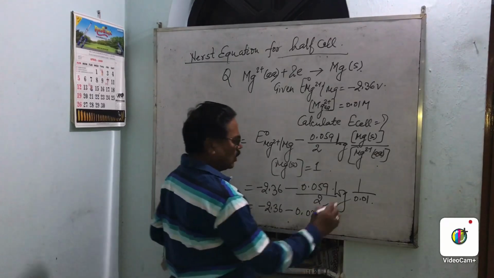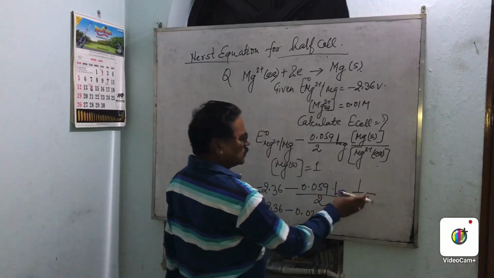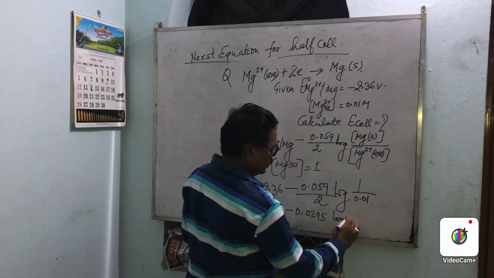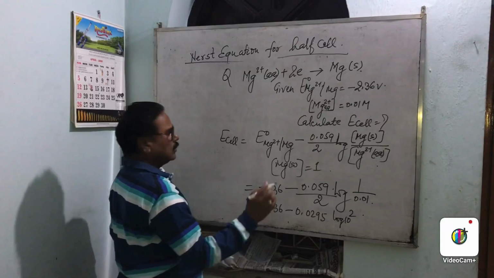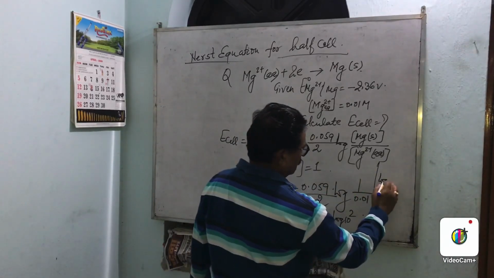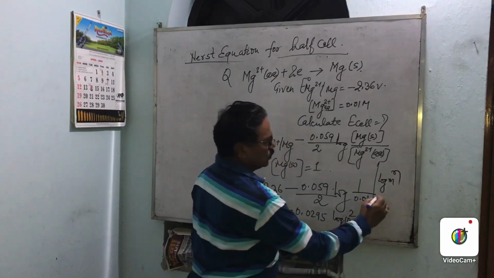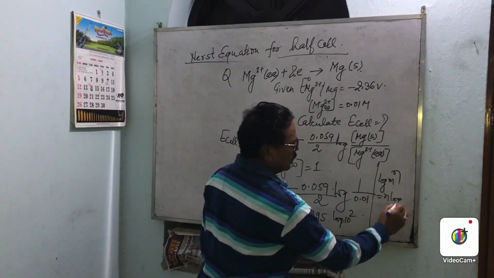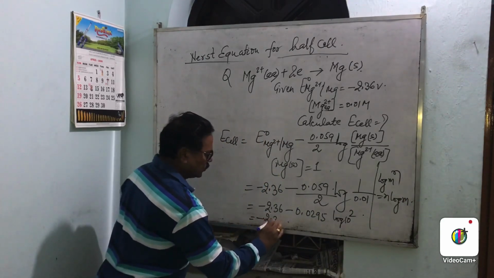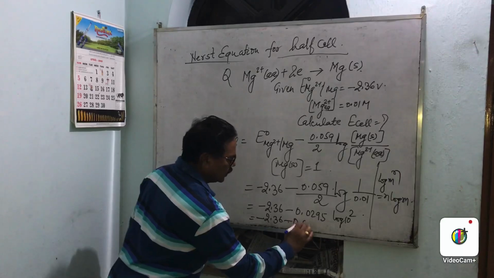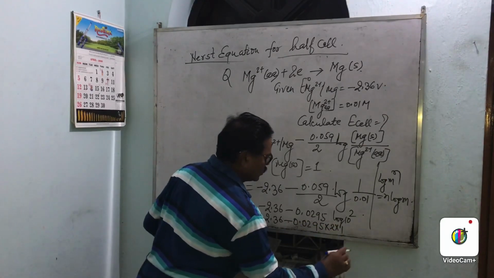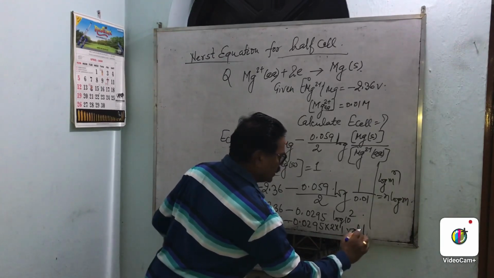So its value comes to be minus 2.36 minus 0.0295 log, and this on solving is 10 to the power minus 2, so log 10 to the power 2. There is a formula, log m to the power n is n log m. So we put minus 2.36 minus 0.0295 into 2 log 10, which is equal to 1, and this value with unit is the answer.